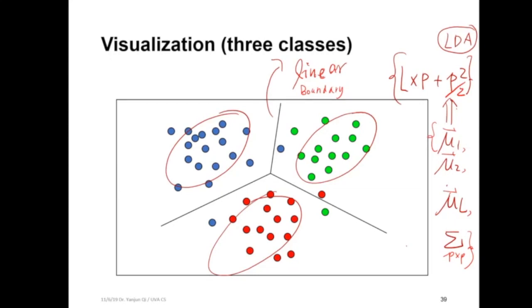The reason I'm dividing by 2 is a property of the covariance matrix: it's symmetric. So the number of parameters you need to estimate for the covariance matrix is not P quadratic, it's P quadratic over 2.